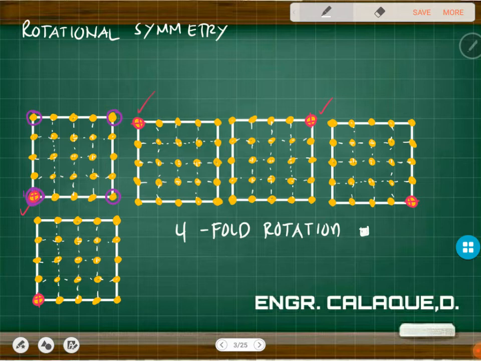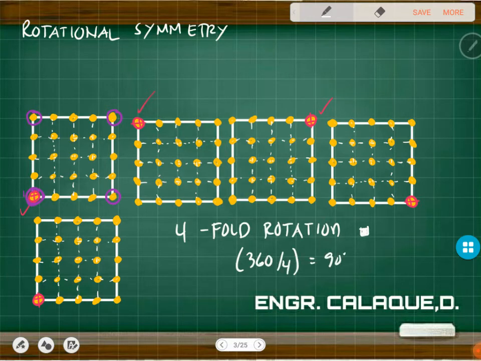So when you rotate it by 90 degrees and it still returns to its previous position, that is a four-fold rotation. Okay? So if the object moves by 360 divided by 4, that is 90 degrees.